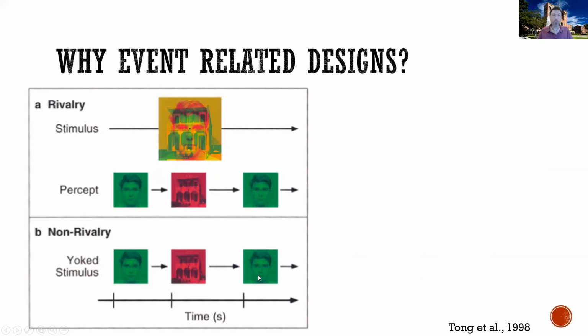So this way, the two stimuli during the rivalry condition and the control or non-rivalry condition are exactly matched. What you as the participant are perceiving is exactly matched. What's different is that in the rivalry condition, you had these spontaneous changes, and you were seeing both stimuli all the time, whereas in the non-rivalry condition, your perception was not spontaneously changing, it was exogenously changing, which means the stimulus itself was changing.